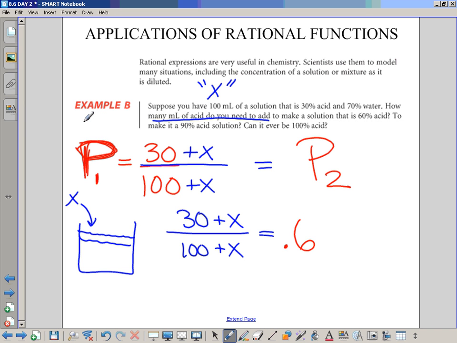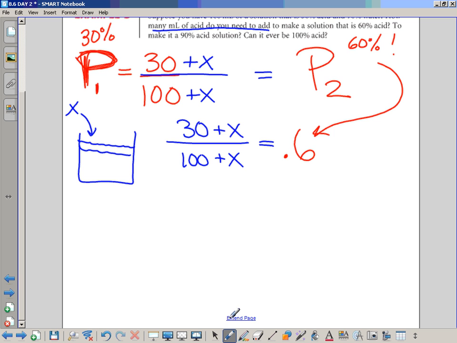So P1 was equal to 30%, which is 0.3, but P2, our new percentage, we want it to be 60%. And that's why we're setting this equal to 0.6. From this point, you go ahead and do the cross multiplying that we did in today's class. 30 plus X over 100 plus X is set equal to 0.6 over 1.